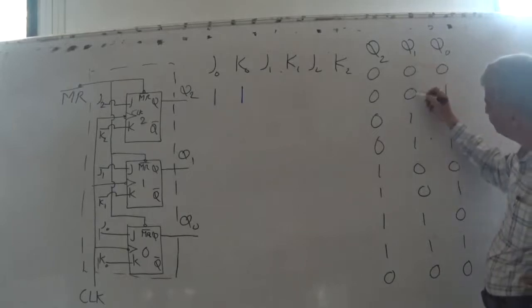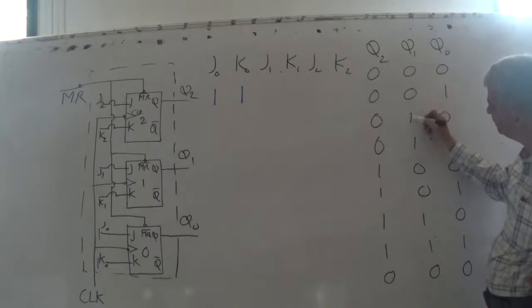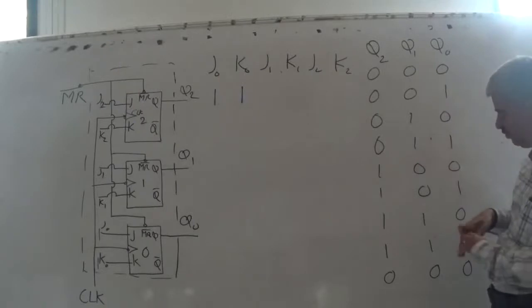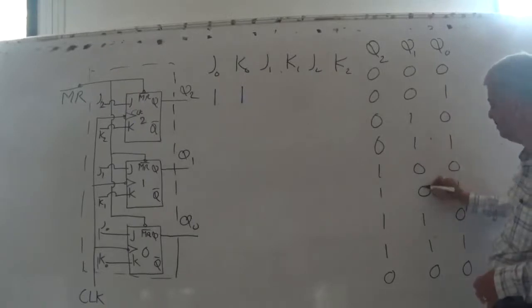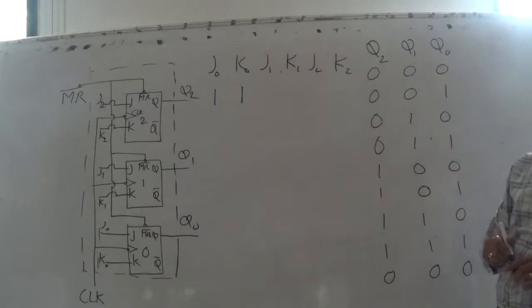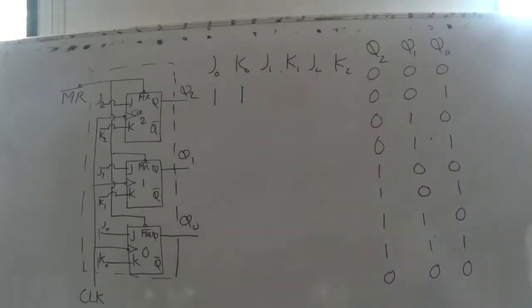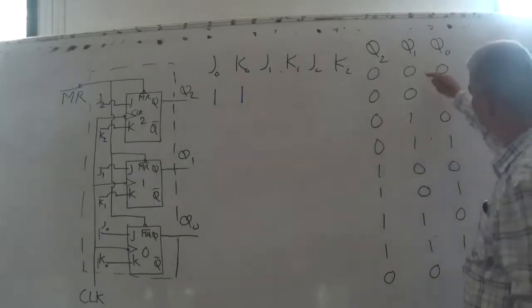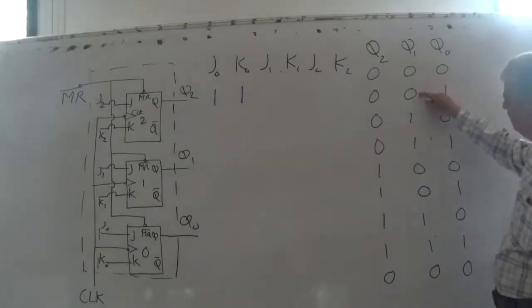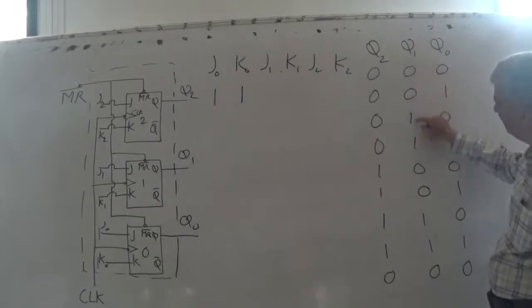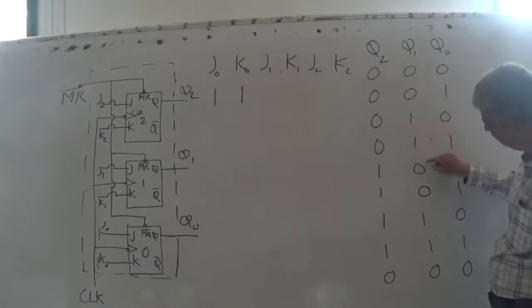Q1 continues, it is 0, it continues 0. Q1 toggles. Q1 continues. Q1 toggles. So if I systematically observe, I find that Q1 is either toggling or maintaining the state in an alternating manner: continuing, toggling, continuing, toggling.